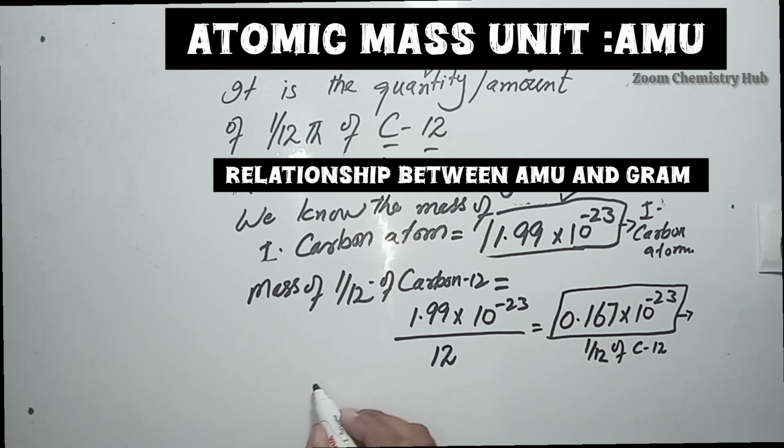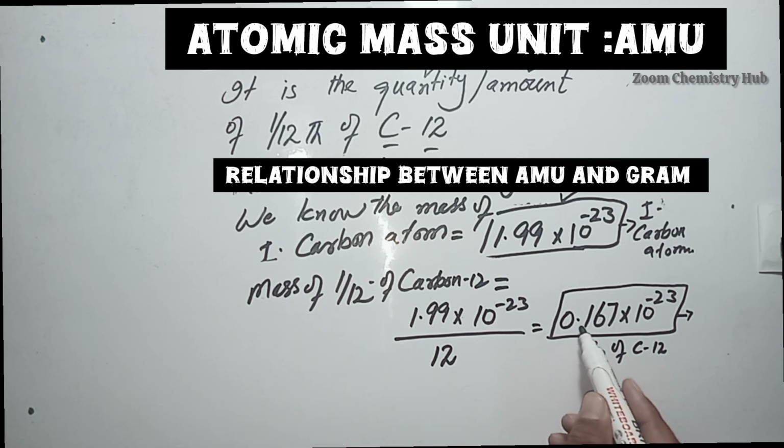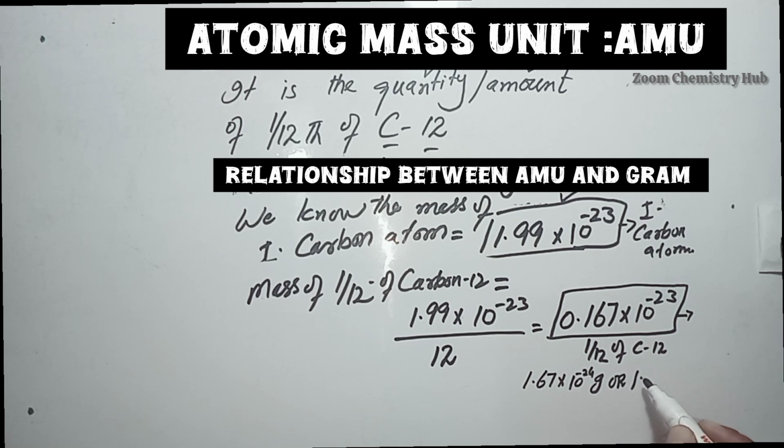We convert this mass, as when we move one step to the right side, we will get the mass 1.67 multiplied by 10 raised to power minus 24 gram, and when we convert this gram into kilogram, we will get the mass 1.67 multiplied by 10 raised to power minus 27 kilogram.